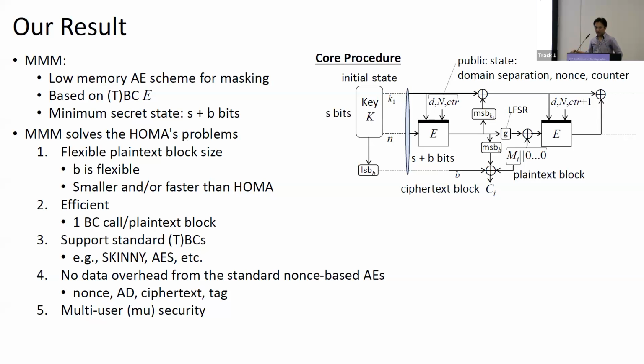So we design a low memory AE scheme for masking, M. It is based on a block cipher or tweakable block cipher E, and the secret state size is minimum.